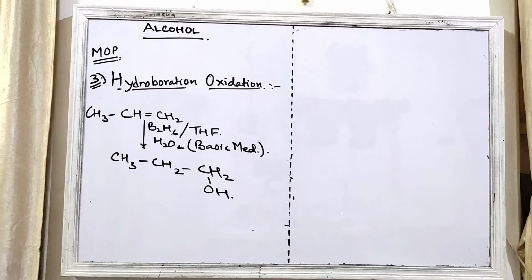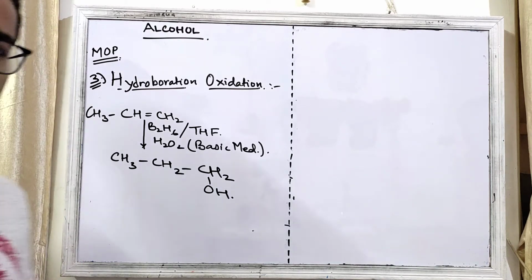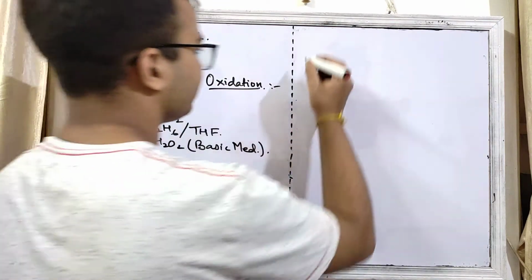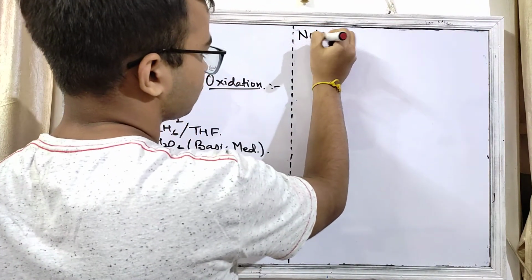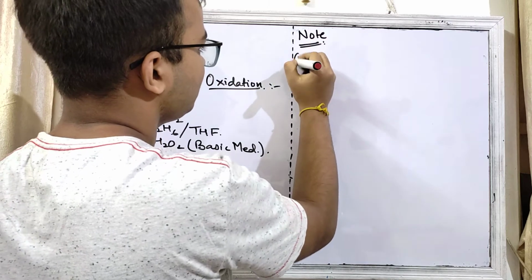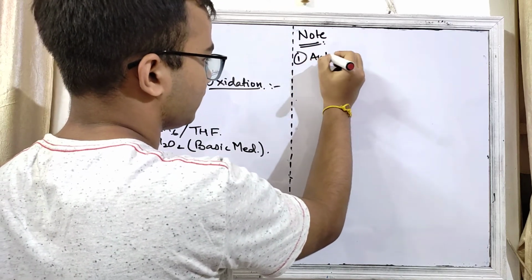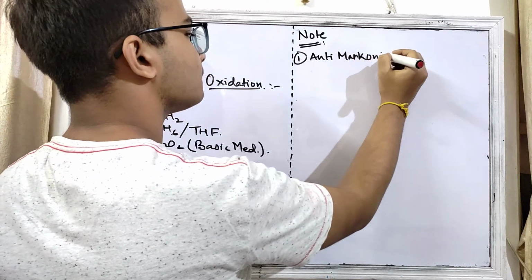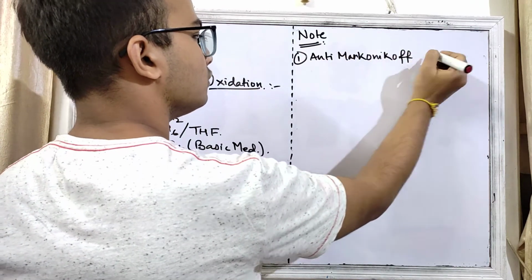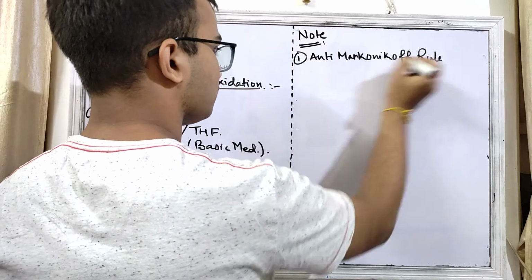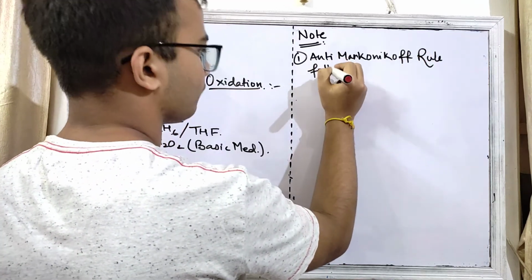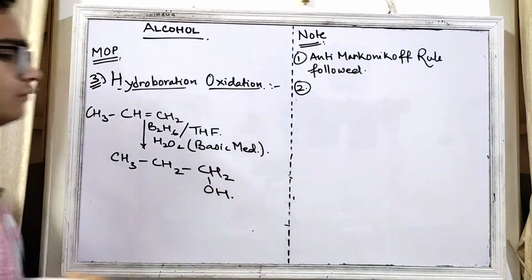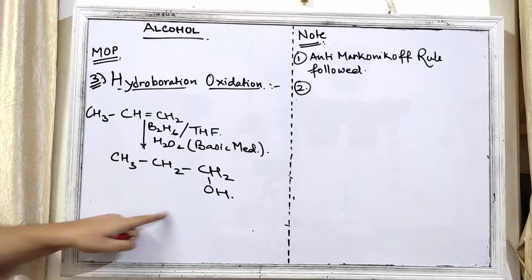Now let's write a few noteworthy points about this hydroboration oxidation. Let's write in the first place, note: anti-Markovnikov rule is followed. See, anti-Markovnikov rule is being followed over here.